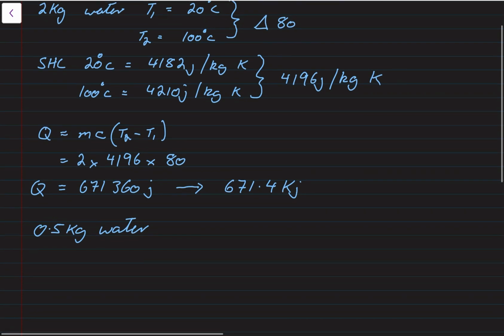So we've already got the specific heat capacity, the mass, and the temperature difference. They all stay the same. So basically we can just plug our new mass into the equation. So our Q is what we're looking for.